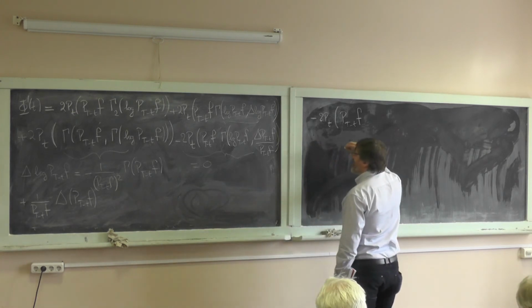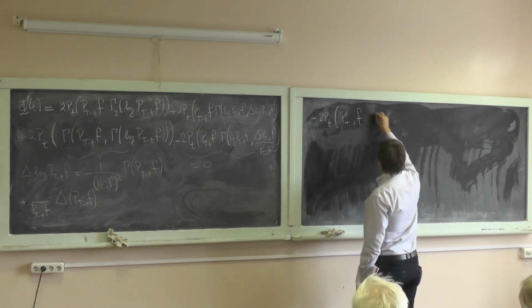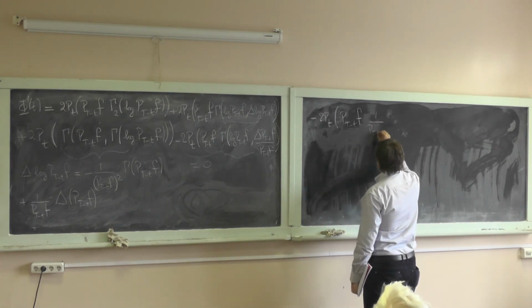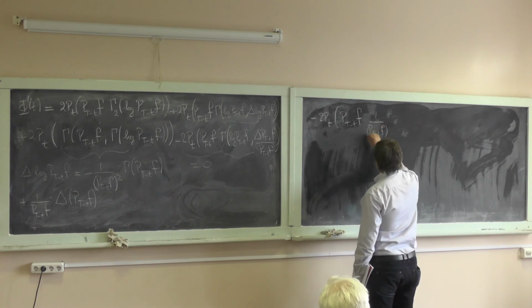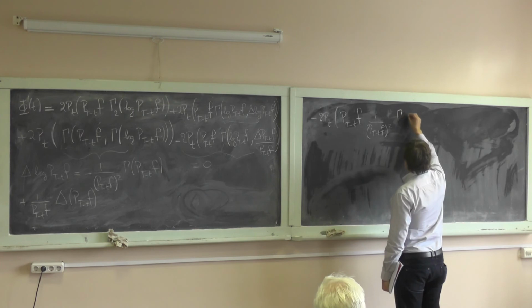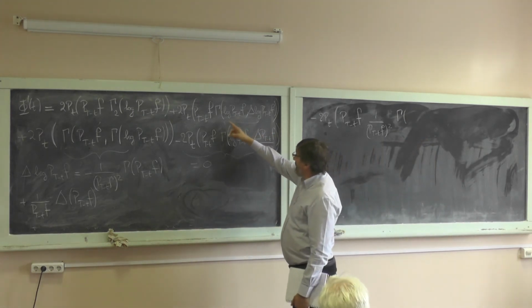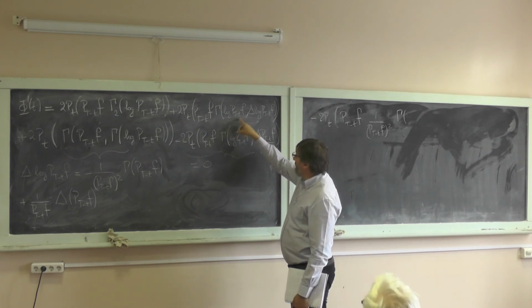So let me write 1 over pt minus pf squared coming from there, and then I have gamma of this guy here. Gamma of this guy is going to be the gradient, so I'm going to get the gamma of this divided by this.